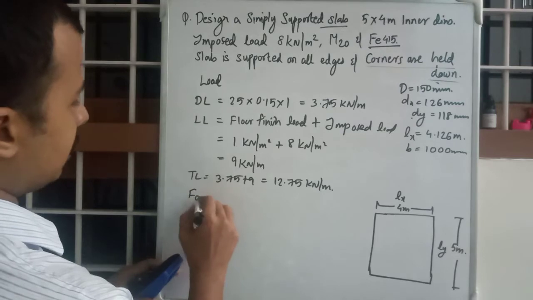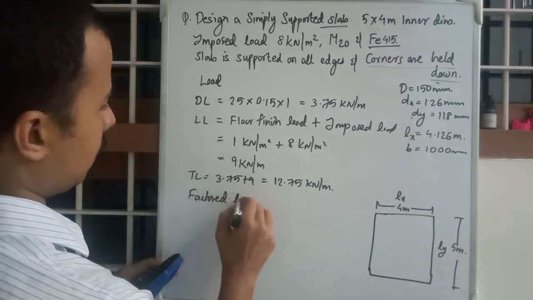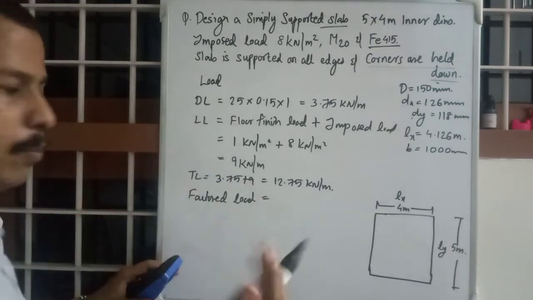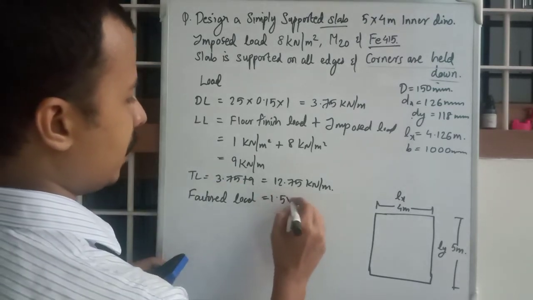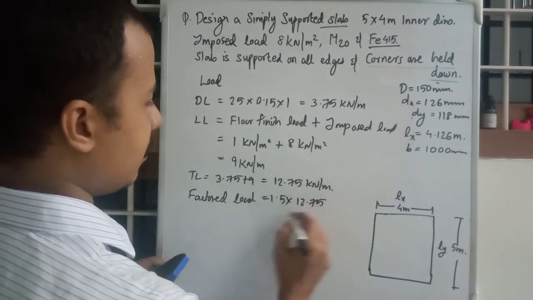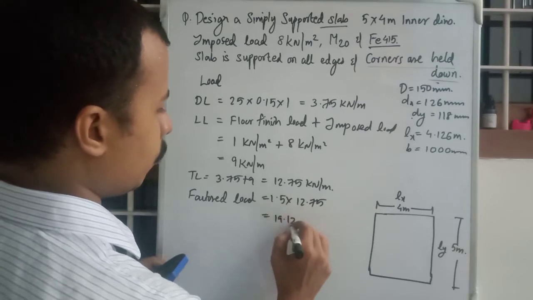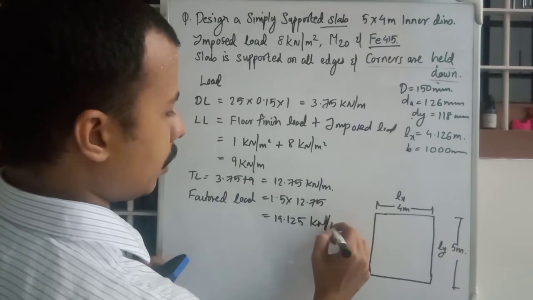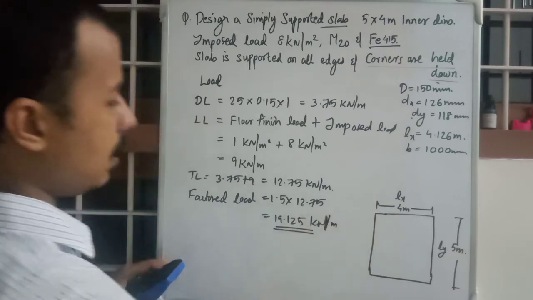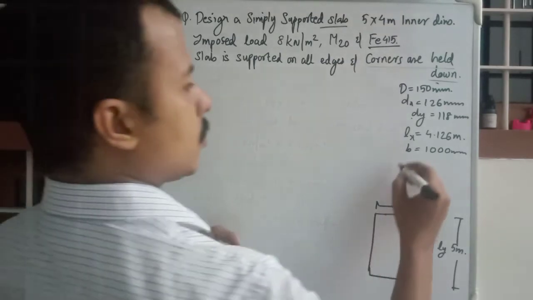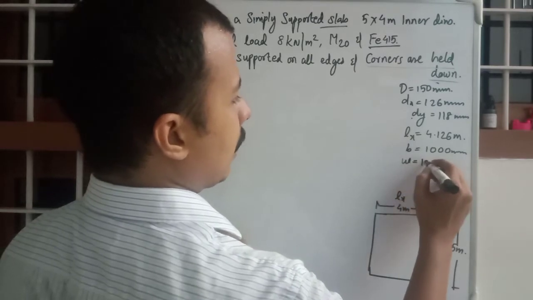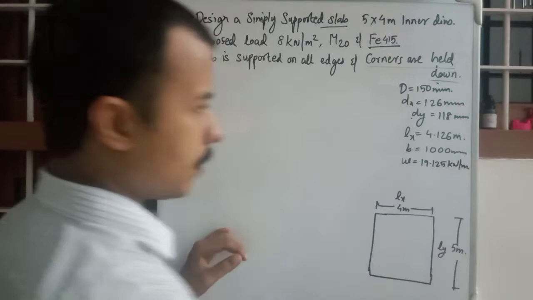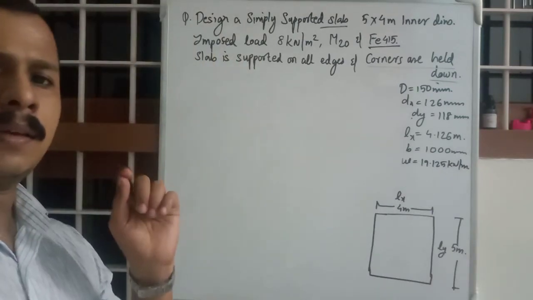To get the factored load, we multiply with 1.5. 1.5 into 12.75, you will get 19.125 kilonewton per meter. This is the factored load. So we have W as 19.125 kilonewton per meter.